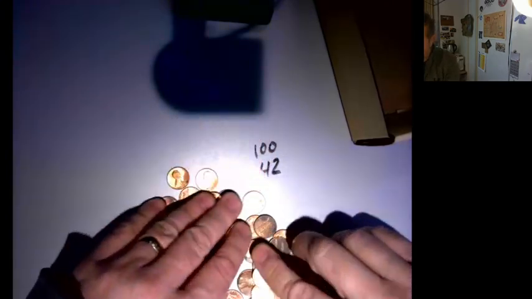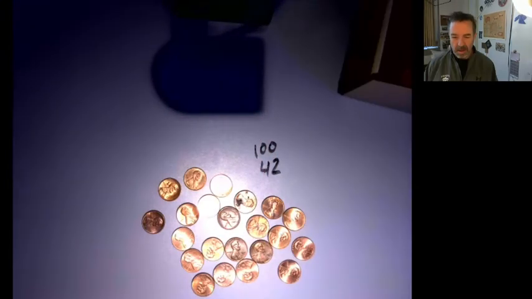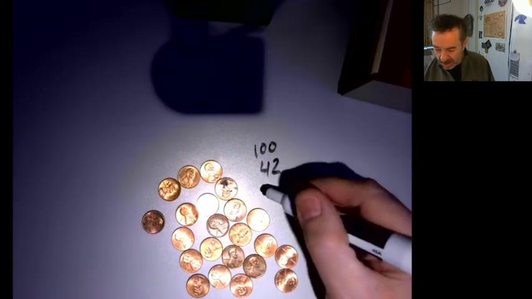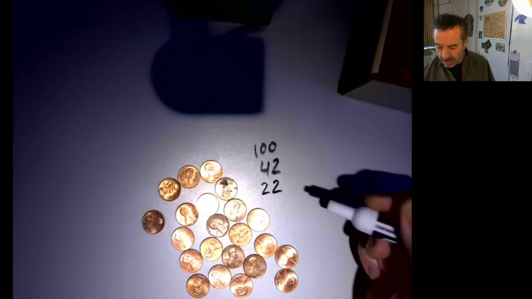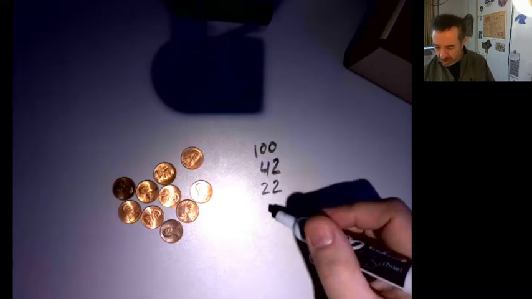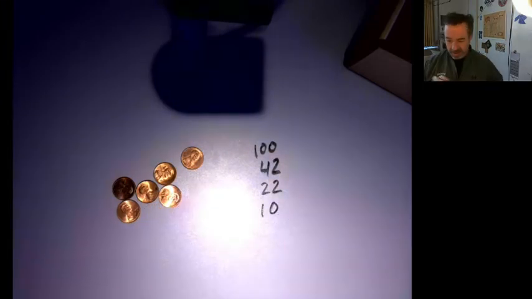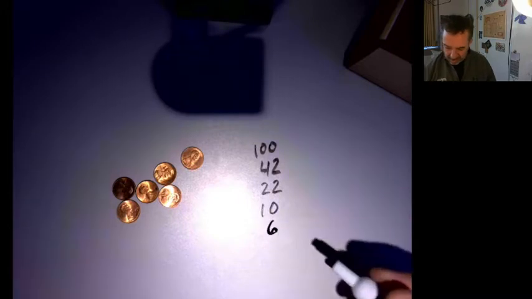Okay, same thing. I'm going to flatten these all out and remove all the ones that do not have Lincoln's face. I just did it again, and now I only have 22 remaining with Lincoln's face. Let's do it again. This time only 10 pennies remained. Let's do it again. That time I got 6.